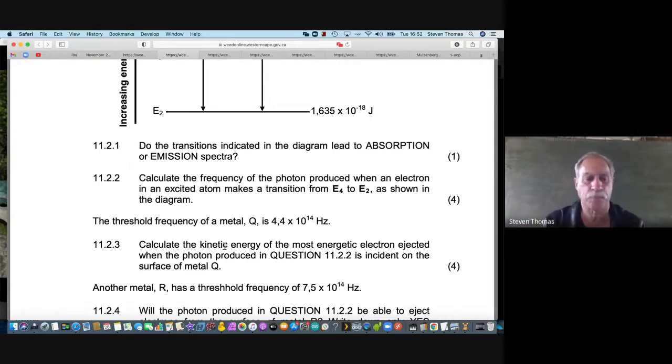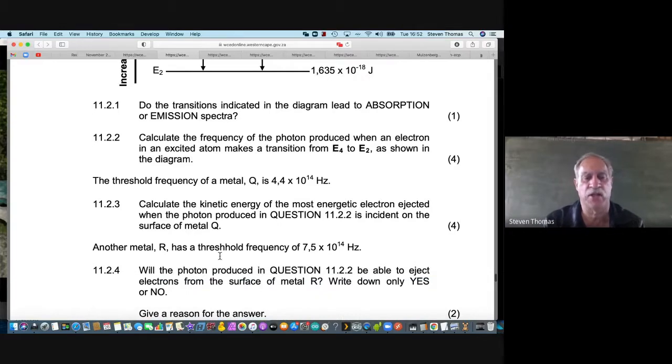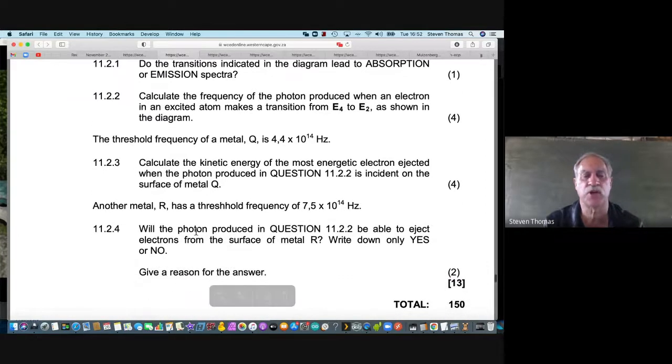Now it says another metal has a higher threshold frequency of 7,5 instead of 4,4. So this requires more energy for it to be knocked off. Will the photon produced in question 11.2.2 be able to eject electrons from the surface of the metal? Write only yes or no. Give a reason for your answer.